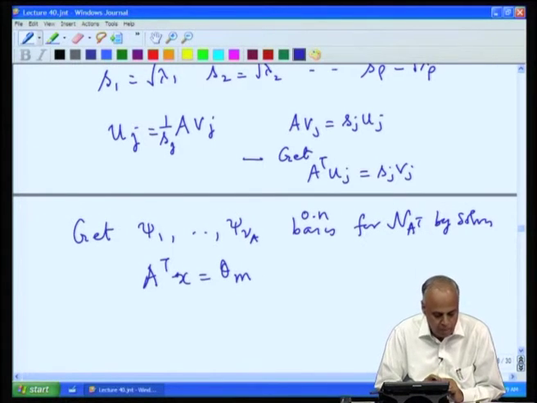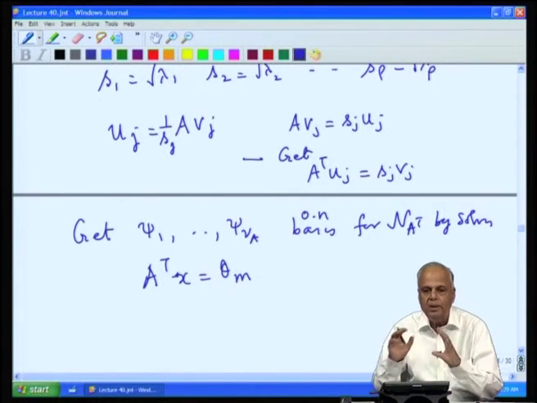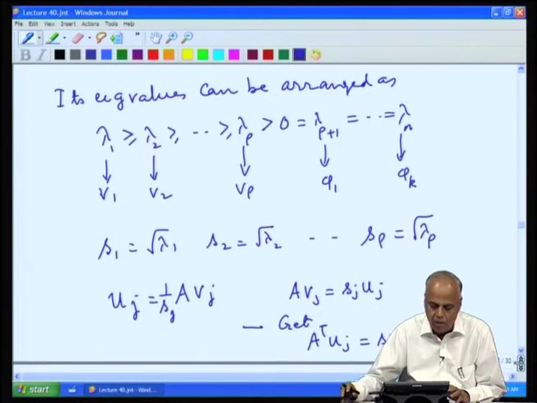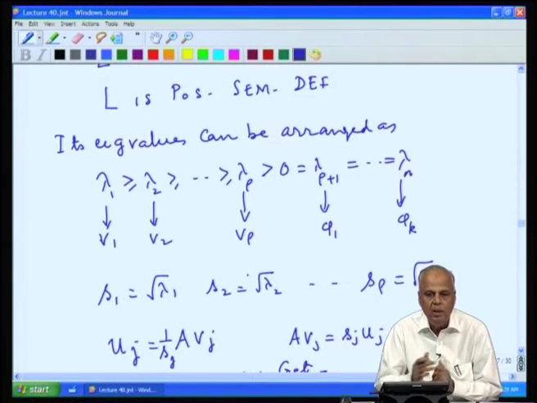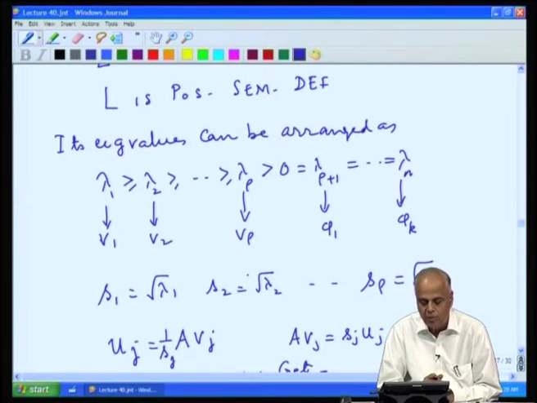elementary row operations. Thus, the basic ingredients are mainly these u's and the v's. The phi's and the psi's can be found by solving homogeneous equations using elementary row operations. These are the easiest, but the question is about these V1, V2, ..., V rho, U1, U2, ..., U rho, lambda 1, lambda 2, ..., lambda rho. S1, S2, ..., S rho can be found the moment you get lambda 1, lambda 2, ..., lambda rho.